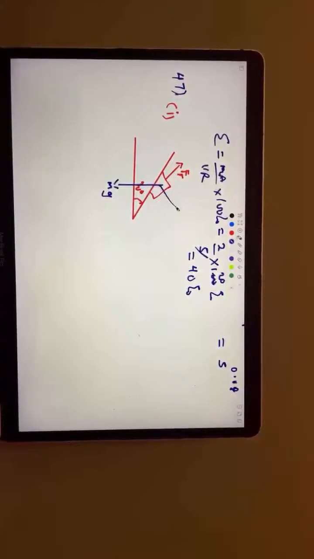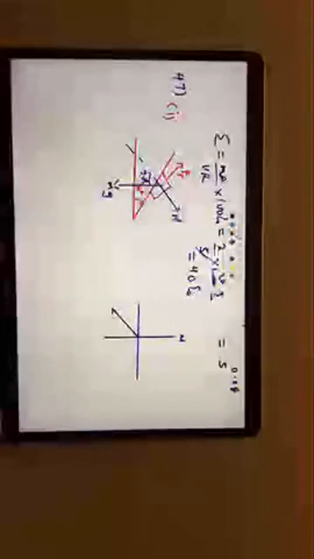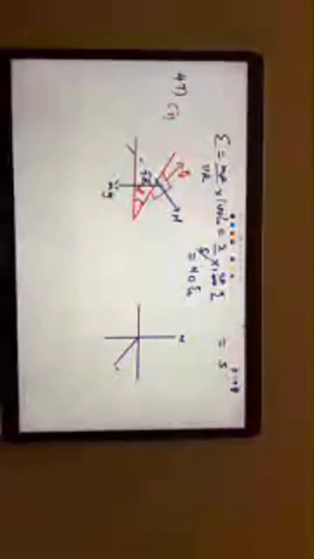I told you there will be a normal reaction, and this goes down like this, and this angle will be 30 degrees. If we turn this thing, it will look like this. Normal. Then here we have mg, so permit me to call it 10m since g is 10. On this side we have the frictional force and we have the normal.